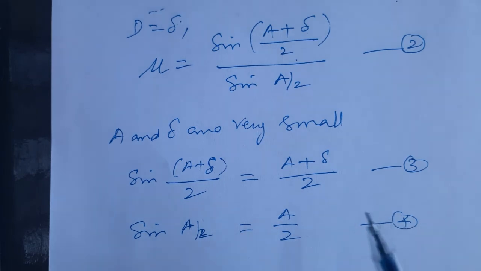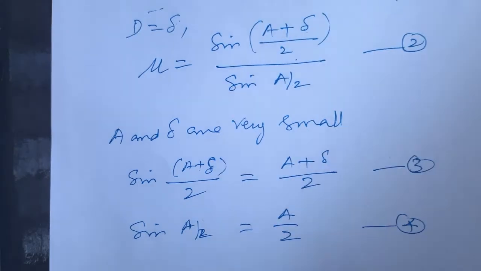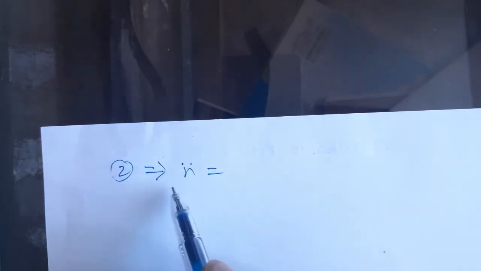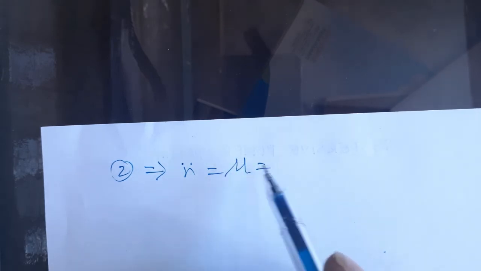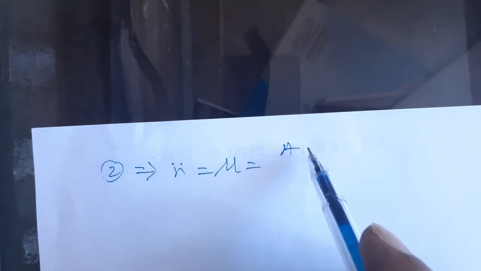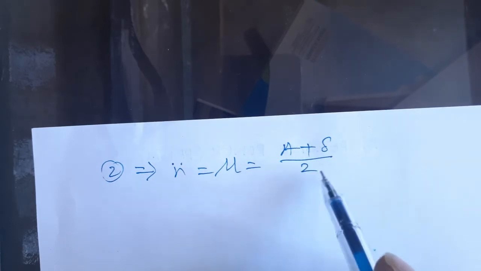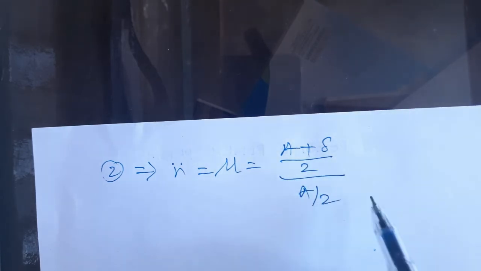Clear? Now equation 2 becomes mu equal to (A plus delta) by 2 by A by 2.